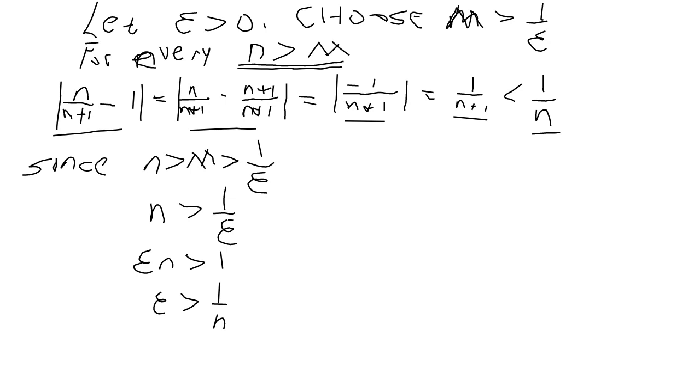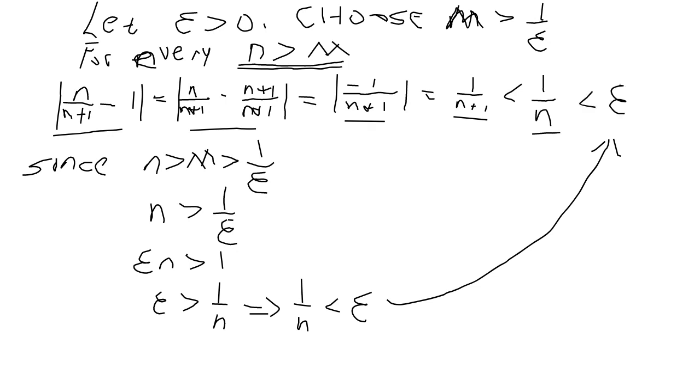So 1 over n is less than epsilon. So you have proven that if M is greater than 1 over epsilon, then the absolute value of n over n plus 1 minus 1 is less than epsilon.